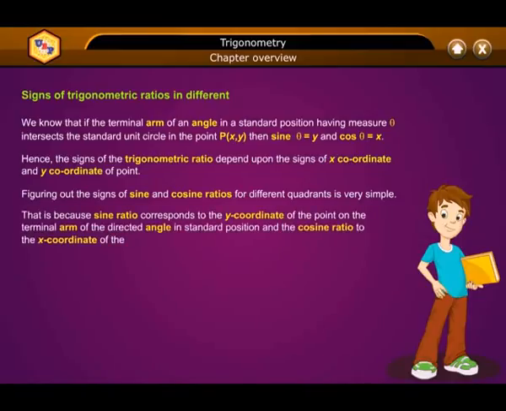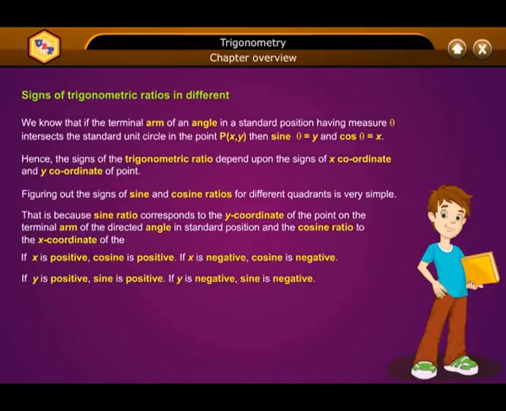That is because the sine ratio corresponds to the y-coordinate of the point on the terminal arm of the directed angle in standard position, and the cosine ratio corresponds to the x-coordinate. If x is positive, cosine is positive. If x is negative, cosine is negative.